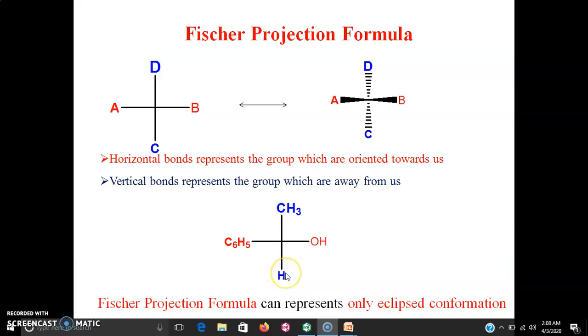Please note that using Fischer projection formula, we can represent only eclipsed conformation. What do you mean by conformation? Conformational isomers are formed by the rotation of the carbon-carbon bond. That will be discussed later.